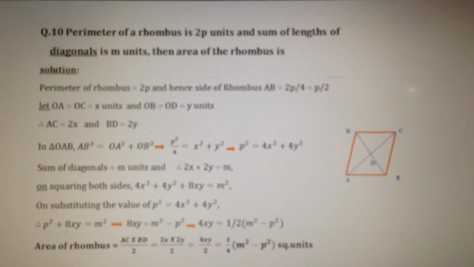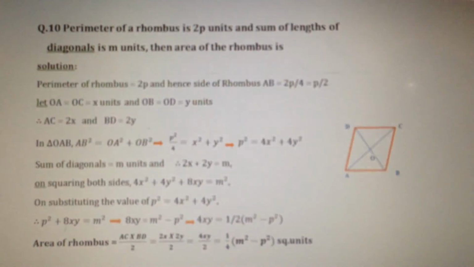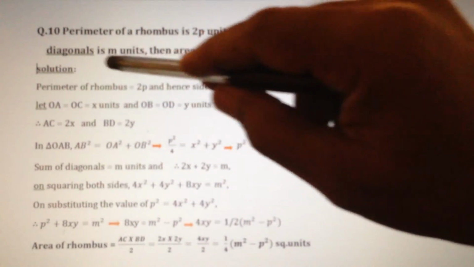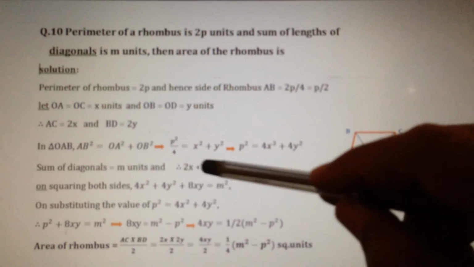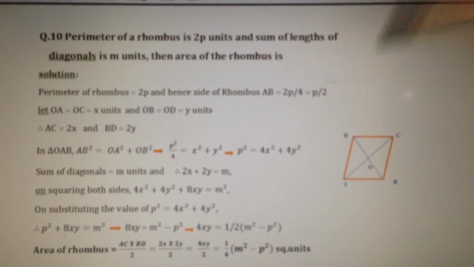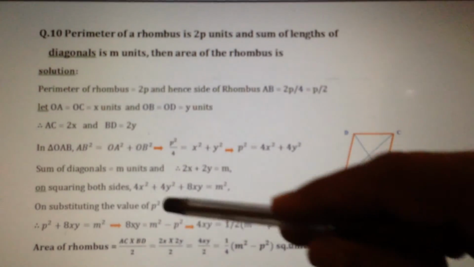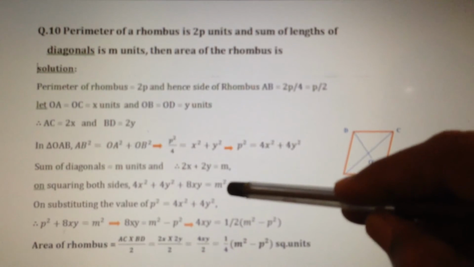Now what other information is given is sum of the diagonals is m units. That is 2x plus 2y is equal to m. On squaring both sides, we get 4x square plus 4y square plus 8xy is equal to m square.